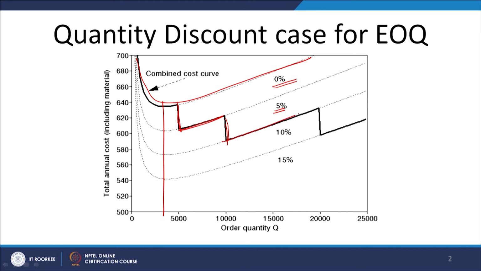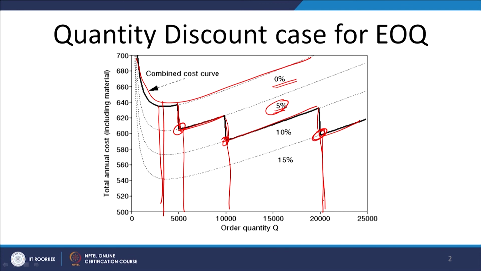So as per the number of items for which the order is being placed, we will be getting a different order quantity as per the level at which the benefits are being realized. If the 5% discount is here, then this is the minimum order quantity, otherwise it was here. Then with the 10% discount, this is the minimum order quantity.